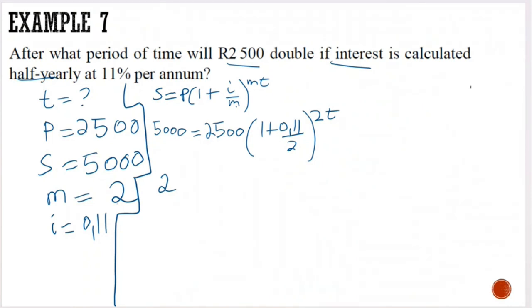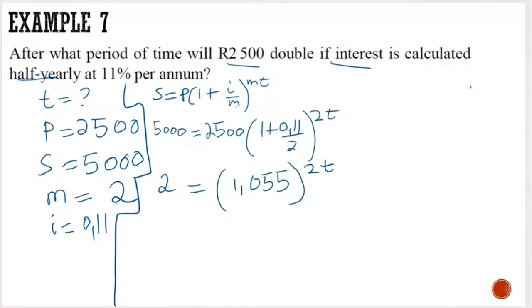So this is equal to, whatever is inside is going to be 1.055 to the power 2t. This is an exponential.